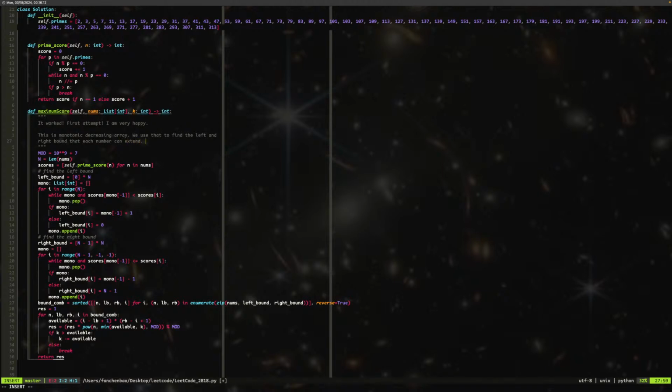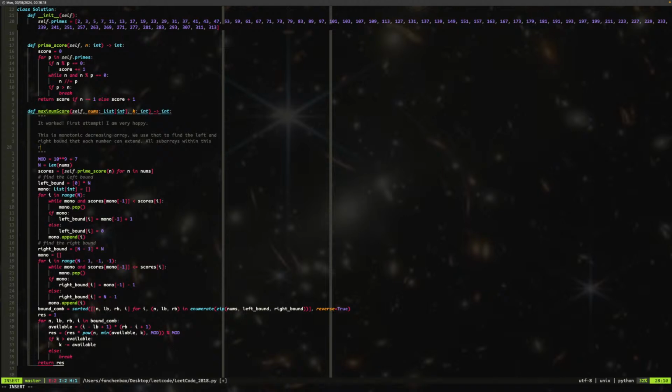All subarrays within this range use the current number as its number for multiplication, right?